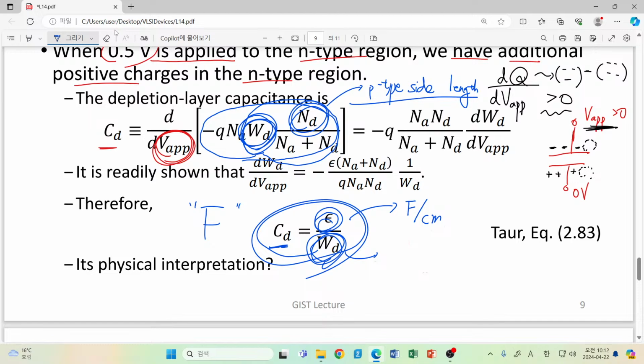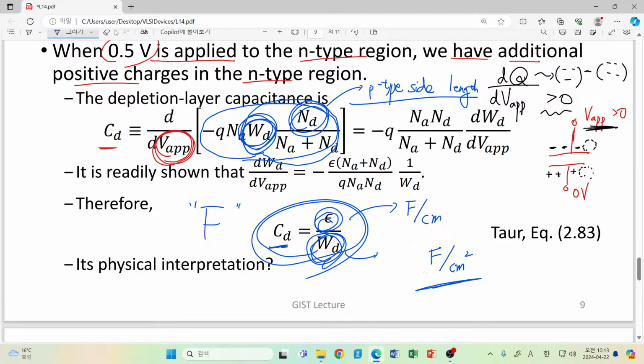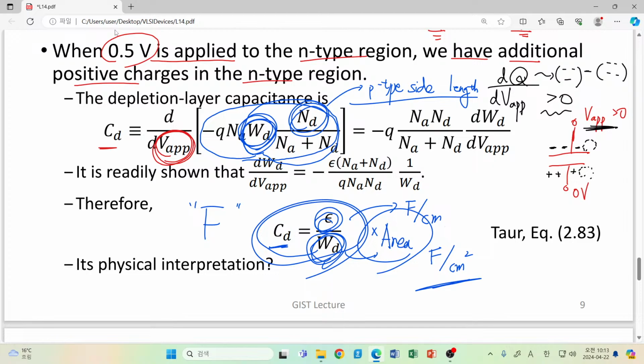So CD is usually given as farad per square centimeter, that is, per area. Of course, if you want to really calculate the capacitance itself, the farad quantity, then you must multiply by the area of your PN junction.